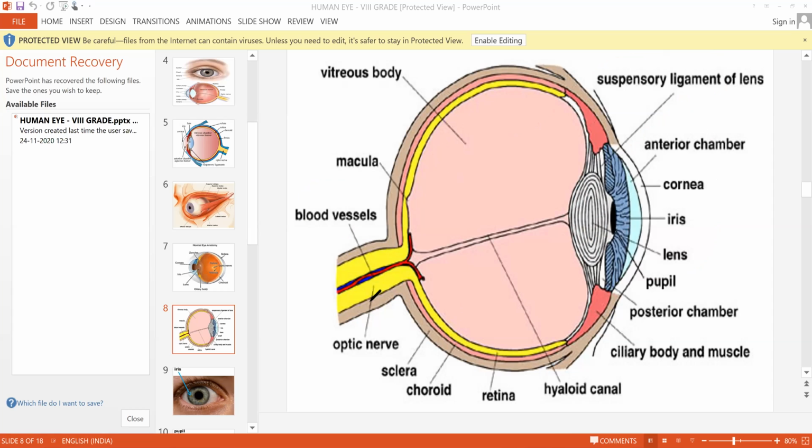So here also you can see the iris. Clearly you can see that it is a pigmented muscular structure. It consists of an inner ring of circular muscles and an outer layer of radial muscles. I will show you the muscles also.